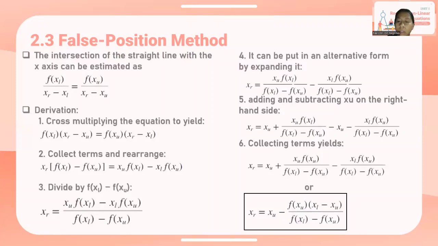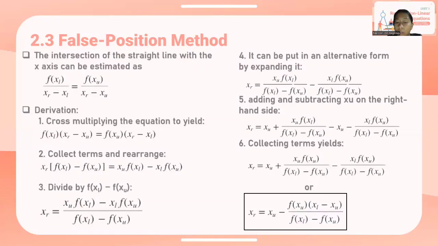Collecting terms yields xr equals xu plus xu times f(xu) over (f(xl) minus f(xu)) minus xl times f(xu) over (f(xl) minus f(xu)).